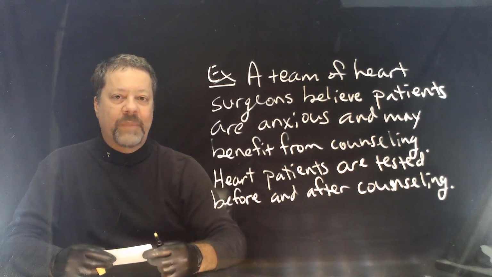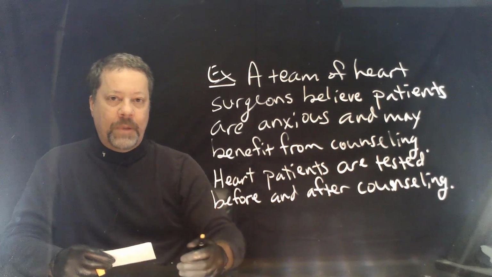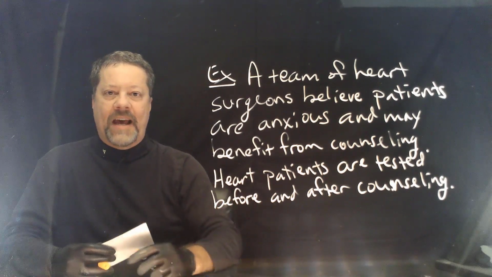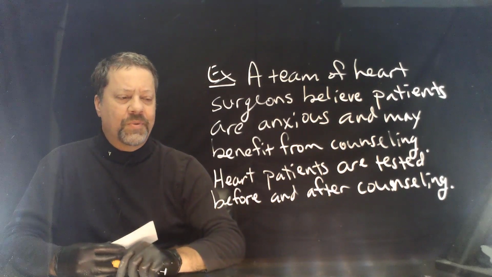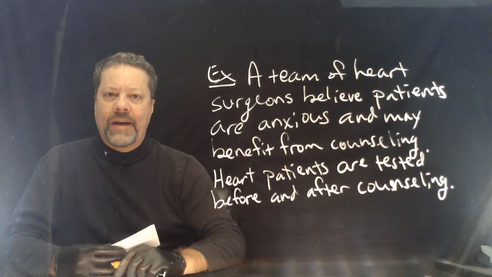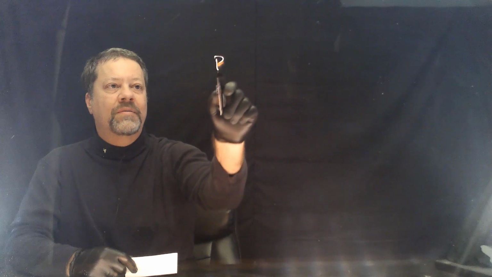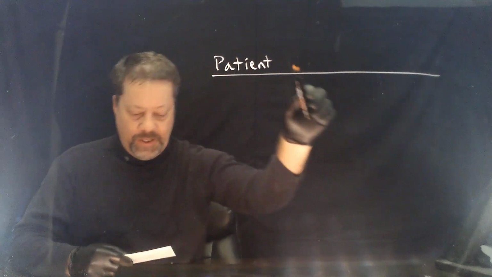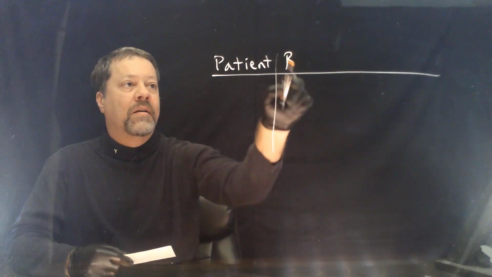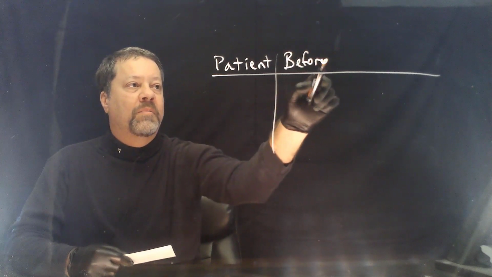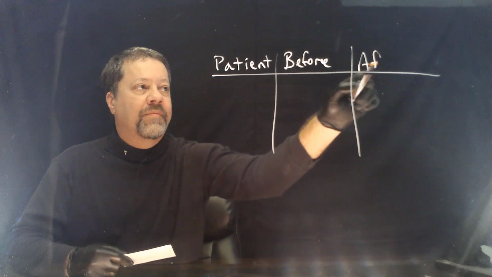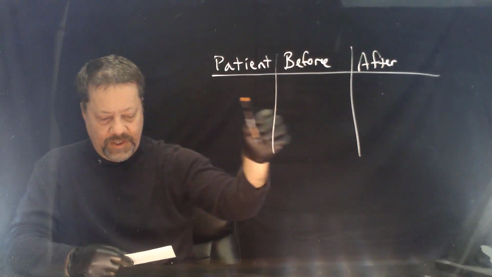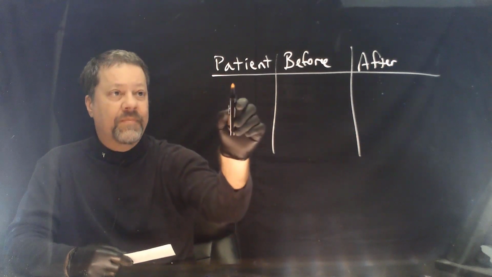So there's a natural pairing, the same person before versus after. How anxious were they before counseling? How anxious were they after counseling? So we're going to make a table: patient and before versus after, using some test scores.